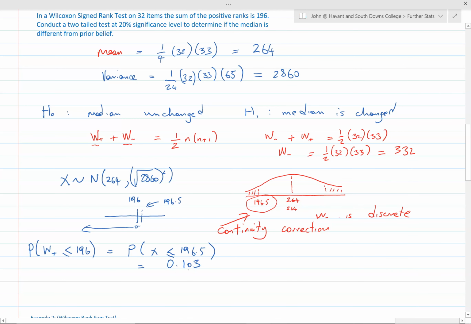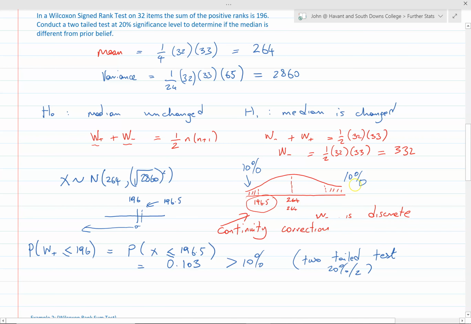Okay, so that's 0.0103, and that is less than 10%, and it needs to be compared with 10% because it's a two-tailed test. That's the threshold for a two-tailed test: we need to take it each way, so we need 10% that way and 10% the other way.